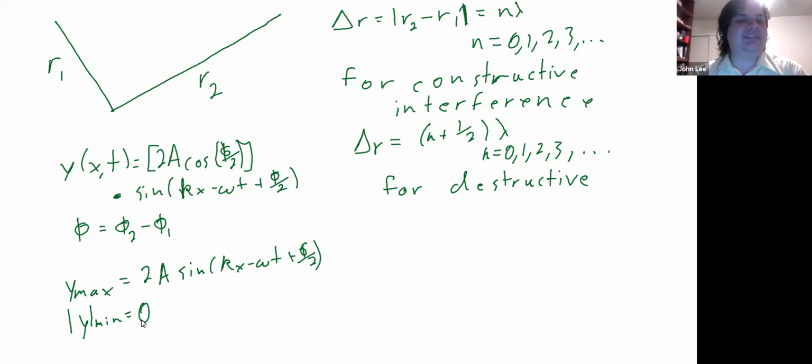So what this says is that two waves can interfere with each other depending on the phase. The way that we find these phases is saying that delta r has to be equal to n lambda, with n equals 0, 1, 2, 3, etc., for constructive interference.